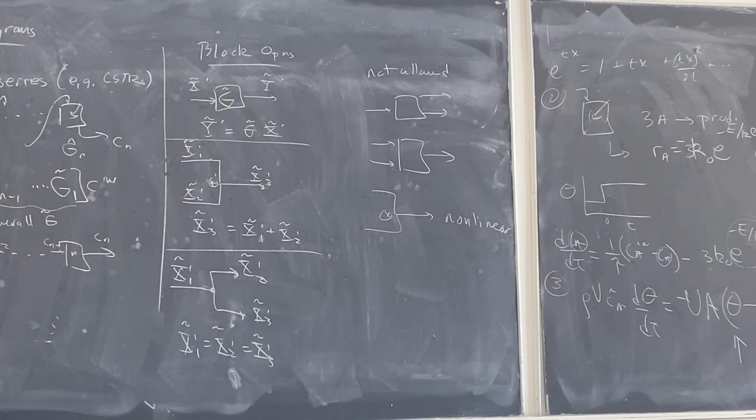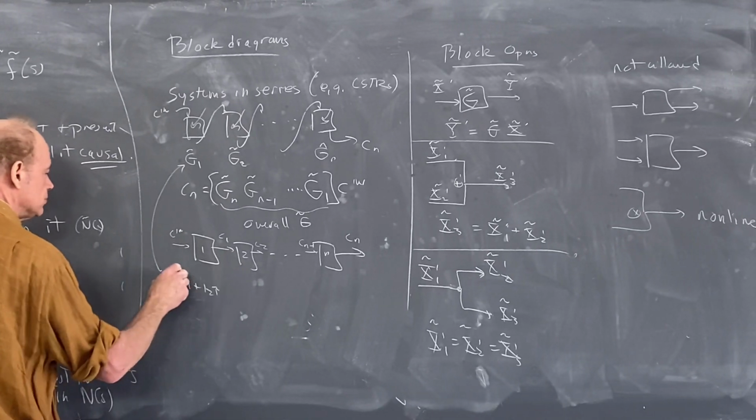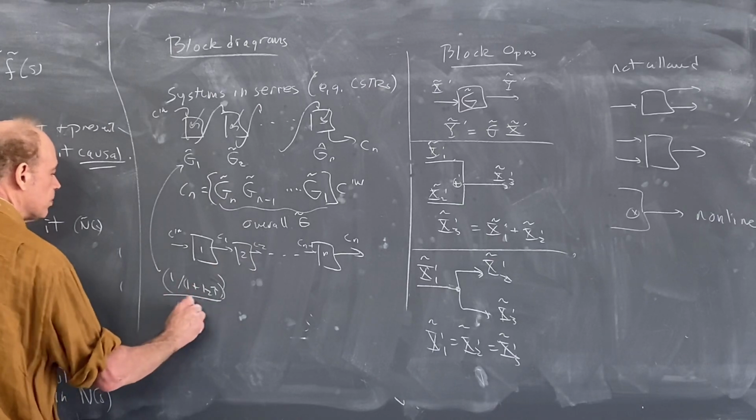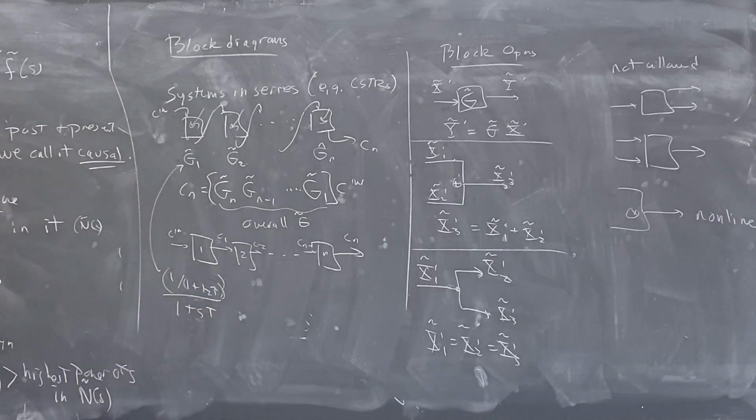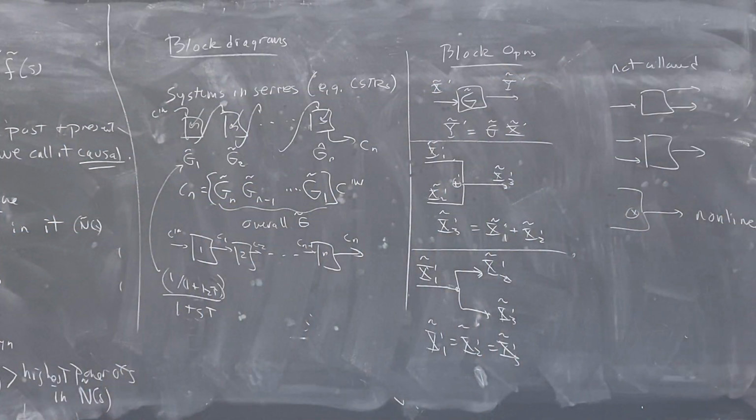Let's recall what is G1 for CSTR. It's 1 over 1 plus K tau, over 1 plus S T. So that was what we got for CSTR. How do I remember that? Well, remember, Kp was 1 over 1 plus K tau 1 over 1 over 1 plus K tau 2. That was the two CSTRs in series.